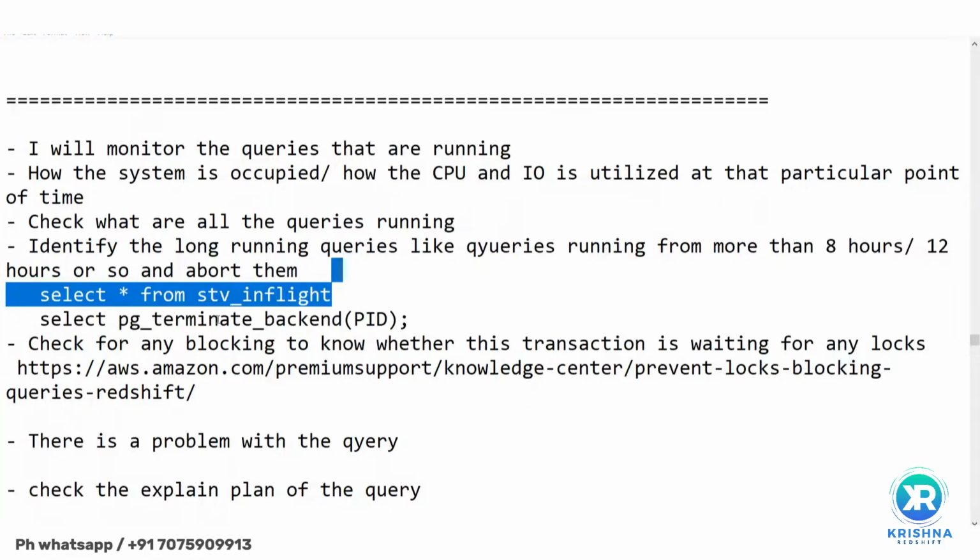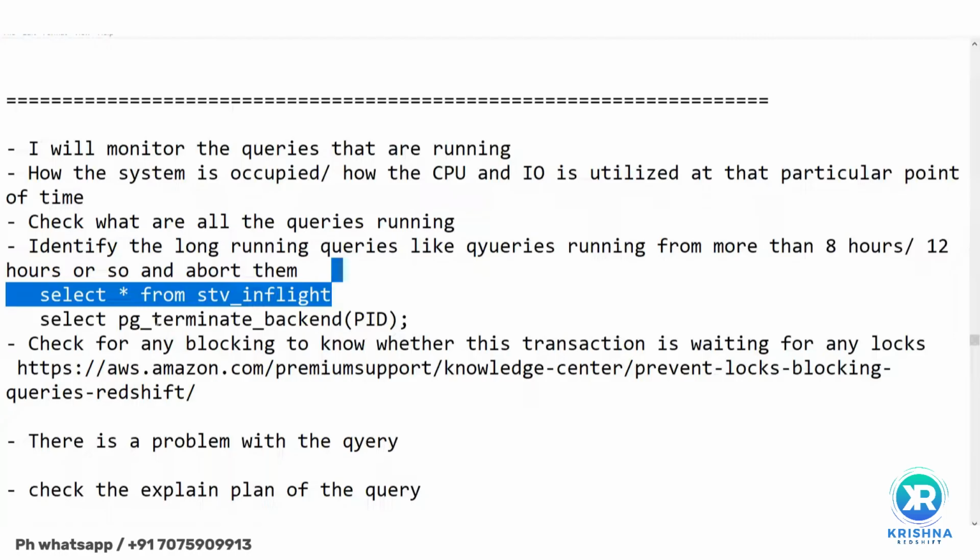stv_recents means you must have started your query, but it did not come to execution. They may be waiting for their slot, waiting for their turn, or they completed execution and they are returning the data.